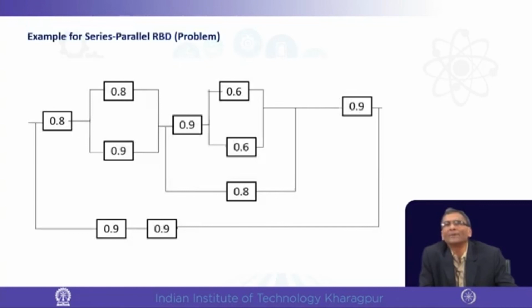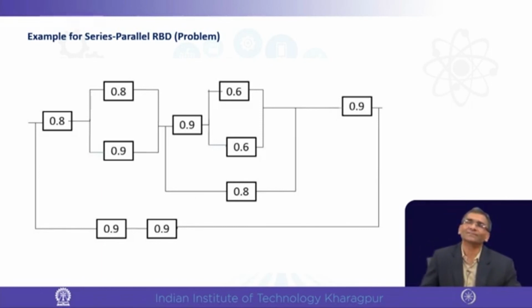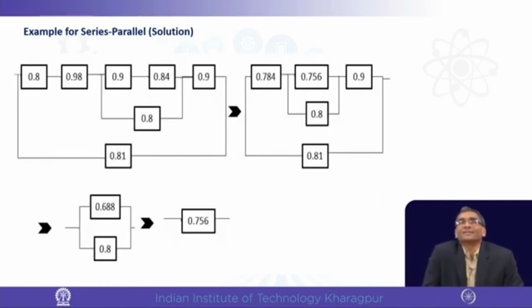Now, I will be closing today's discussion mainly after showing this example of a series parallel system, where within the blocks you will find the reliability values put in. If I ask you what is this system reliability, you would be using the formula you have just learned, for series and parallel. The solution is here, I am giving the solution.